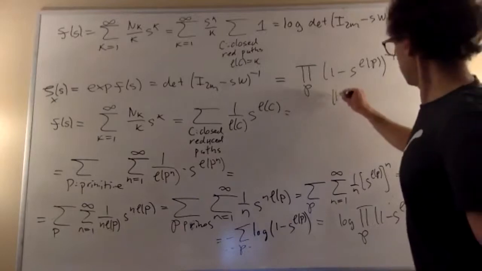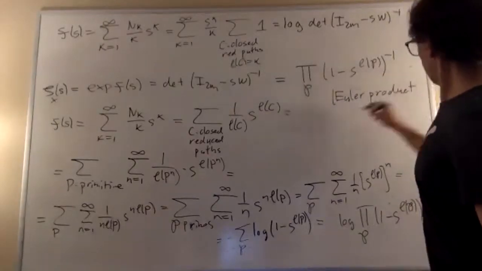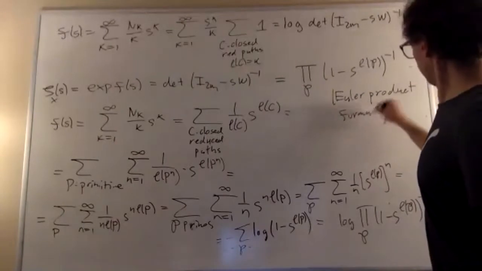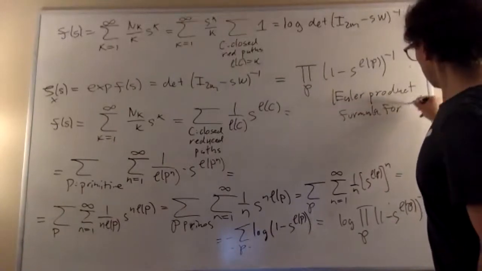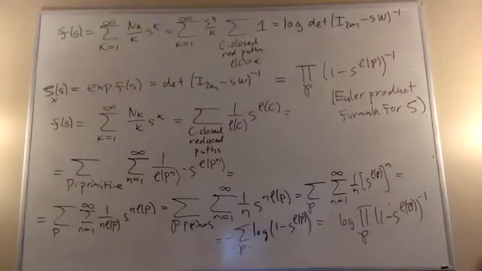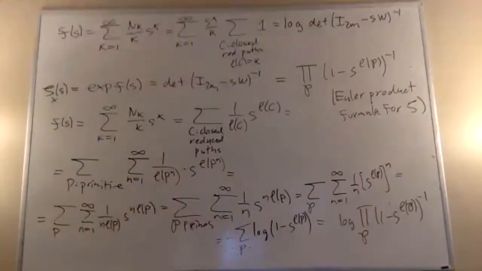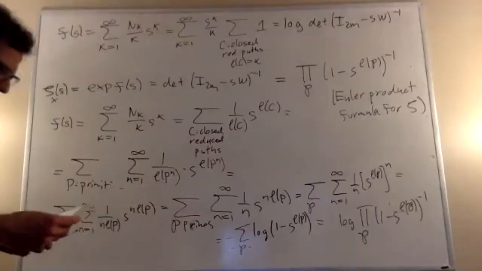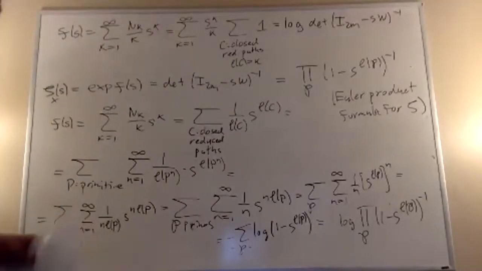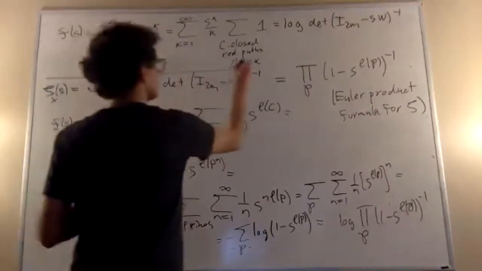So this is the Euler product formula for the Ihara zeta function. All right. So now I actually want to calculate the zeta function for at least one graph, because otherwise this is a little dry. Okay, so let me erase everything except this formula.